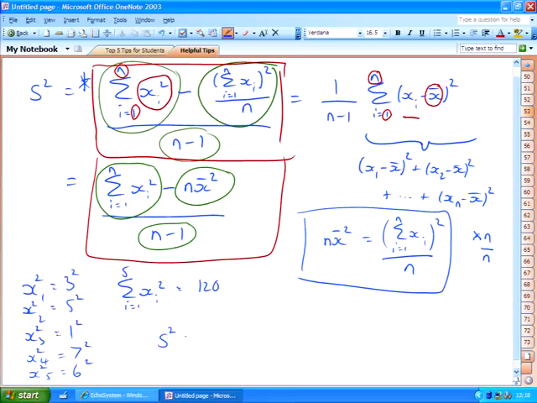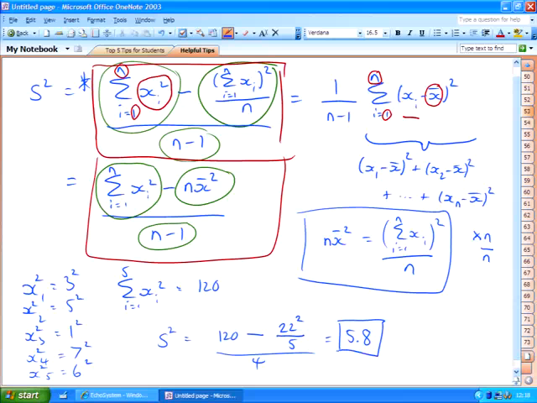So the sample variance s squared will be the sum of the xi squared, so 120, minus the sum of the xi's, well 3 plus 5 plus 1 plus 7 plus 6 gives me 22. So 22 squared divided by n, which is 5. Divide this by n minus 1, so 5 minus 1 gives me 4. Plug that into your calculator, and this gives you an answer of 5.8. So for this data set, the sample variance is 5.8.